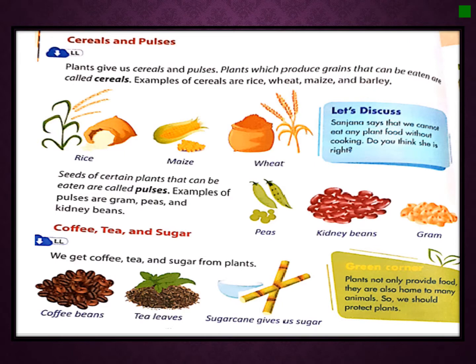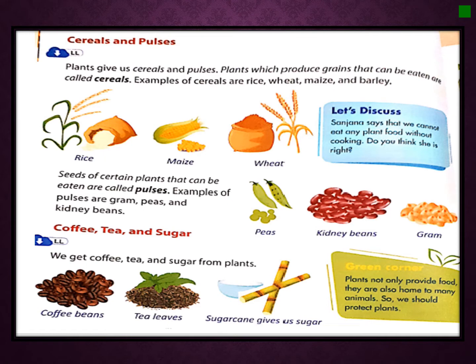So today's keywords are cereals and pulses. Cereals are grains that you get from plants and which can be eaten. Grains are seeds that you get from plants. Plants give us cereals and pulses.